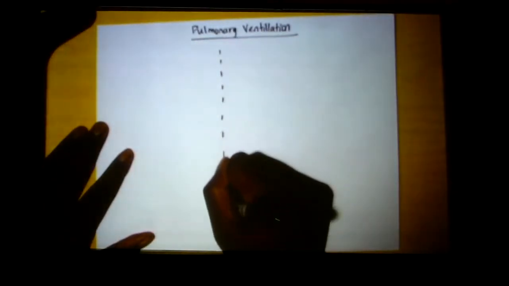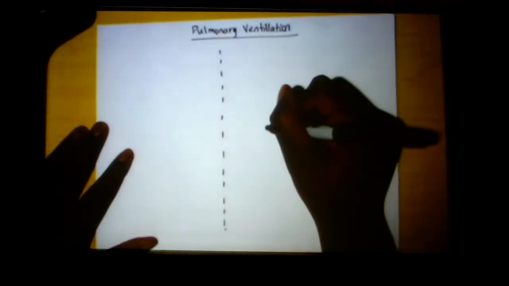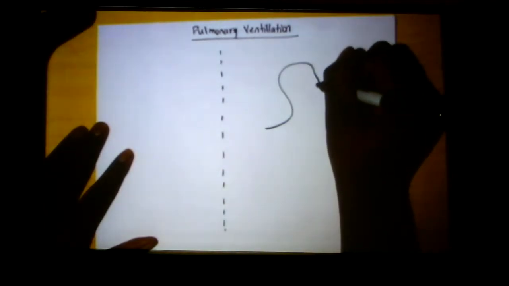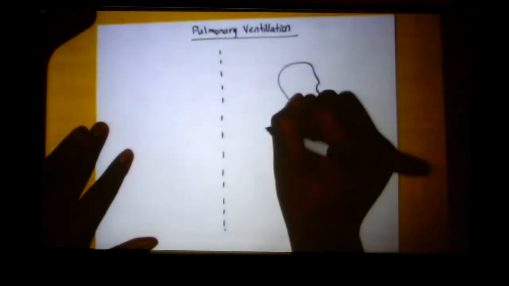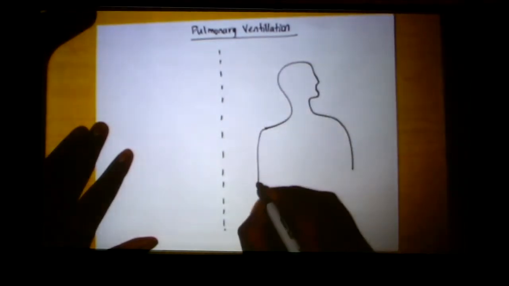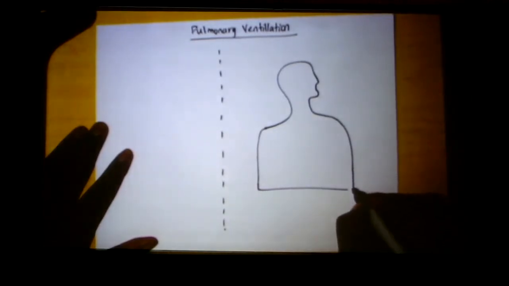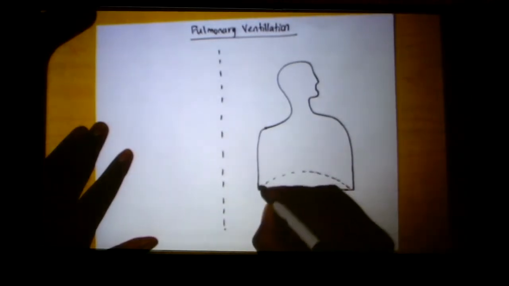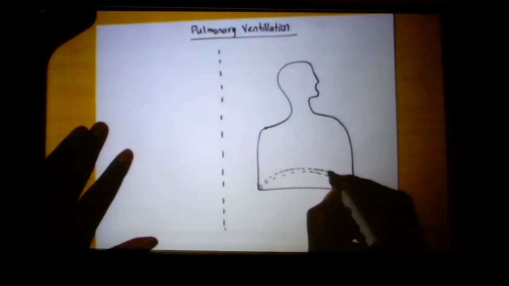All right, so we're speaking about pulmonary ventilation. And we're going to describe the two phases of pulmonary ventilation.